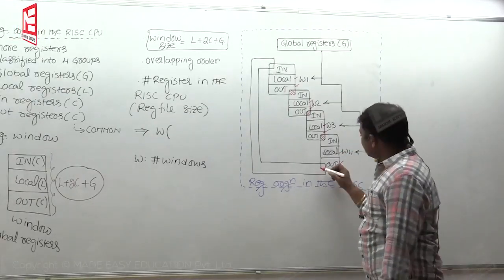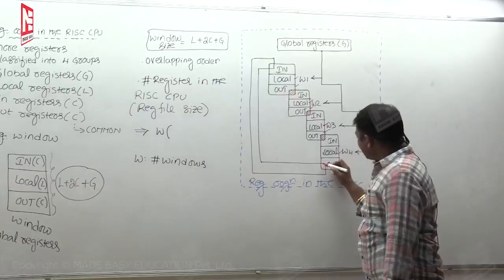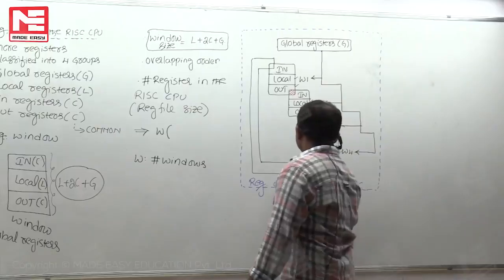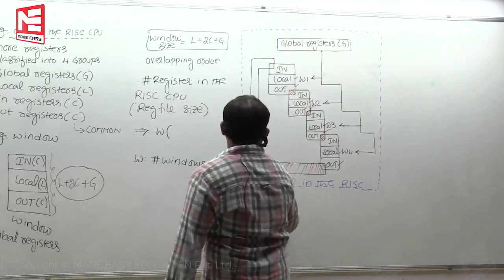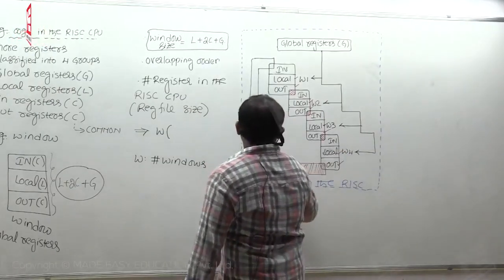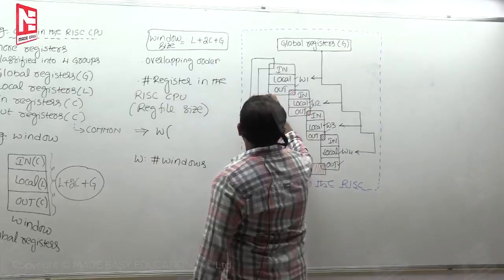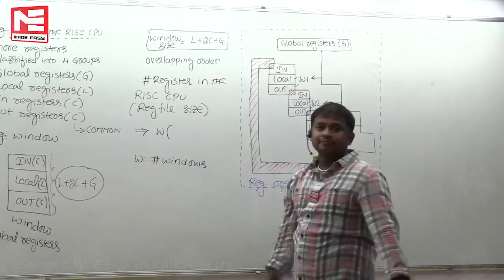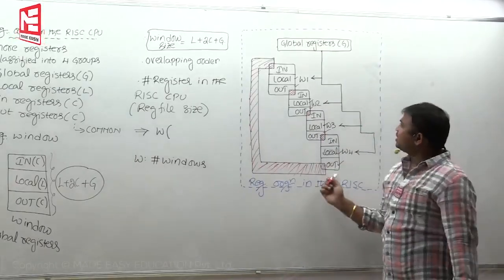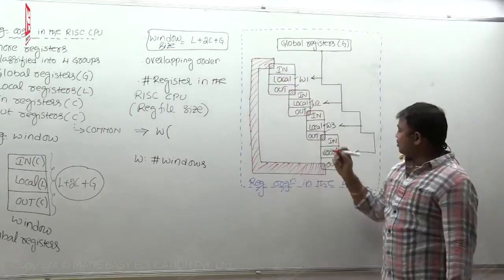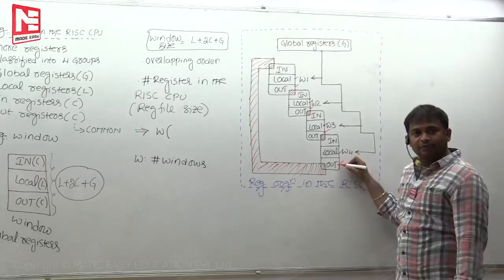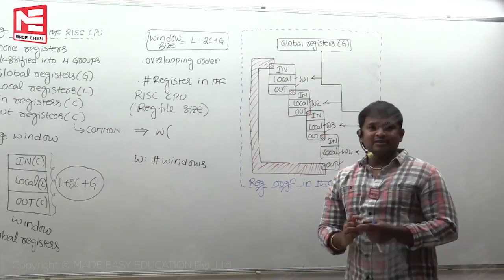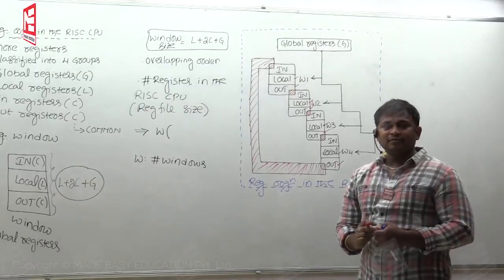Now see window 4 out registers and window 1 in registers are the same. If you count out registers in W4, don't count the in registers in W1. Job is completed. Is it clear?